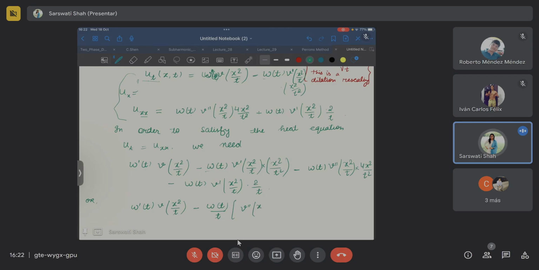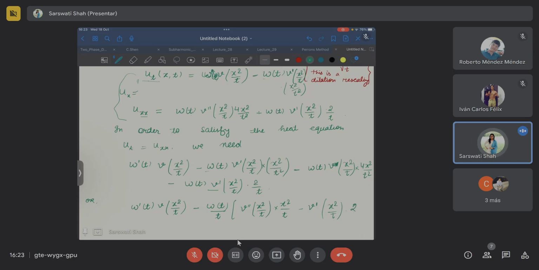v''(x²/t) multiplied by x²/t minus v'. It was, I think, one derivative only. v'', no, v'' of x²/t into 2.